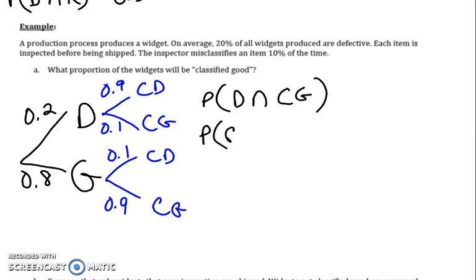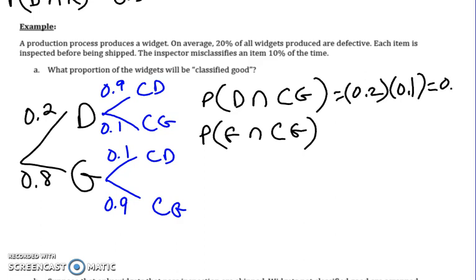Again, probability that it's good and classified as such. So, defective and classified as good is going to be 0.2 times 0.1, which is going to be 0.02.